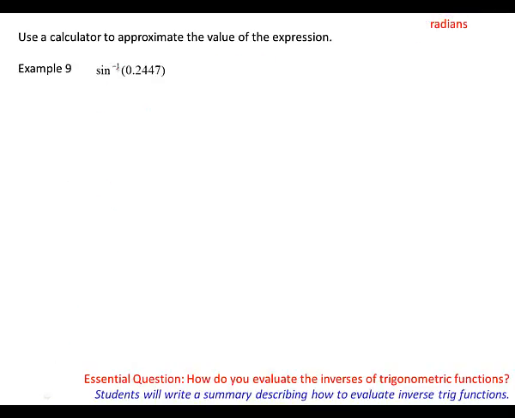All right, the next one is sine to the negative 1. So sine inverse, type it in exactly the way it looks. I'm going to let you try it. Everybody try it, and then you're going to tell me what you get.